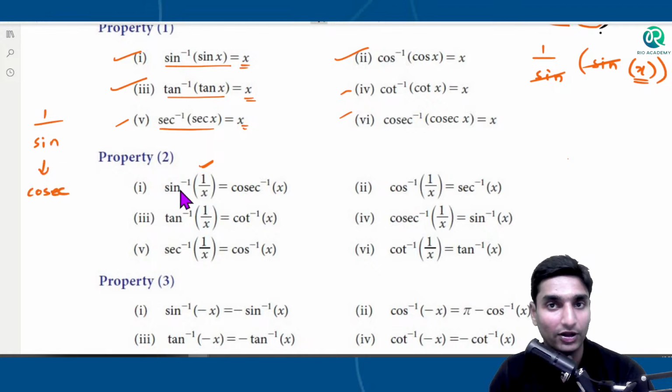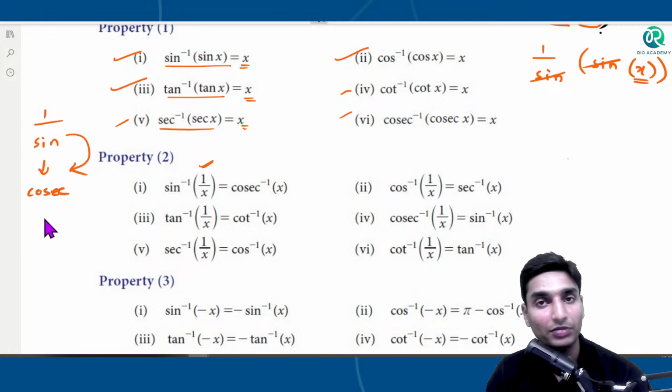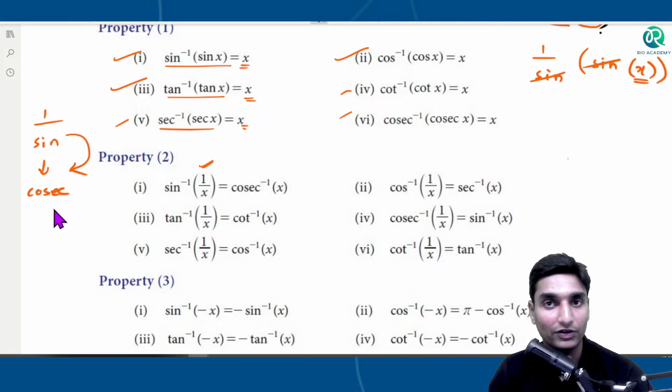Even in the case of inverse trigonometric functions, this connection will remain the same. The connection that we have between the primary and secondary trigonometric functions will also remain the same even in inverse, but only the values that have been given here will change. They will take the reciprocal form.